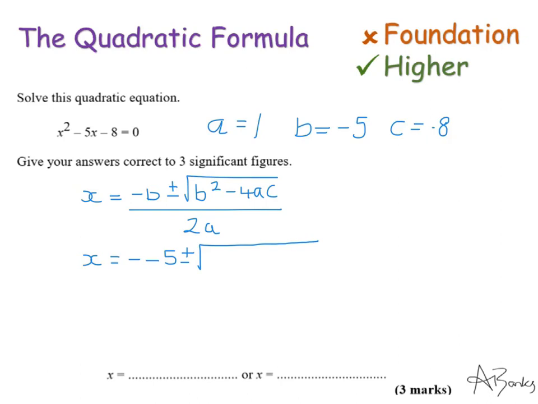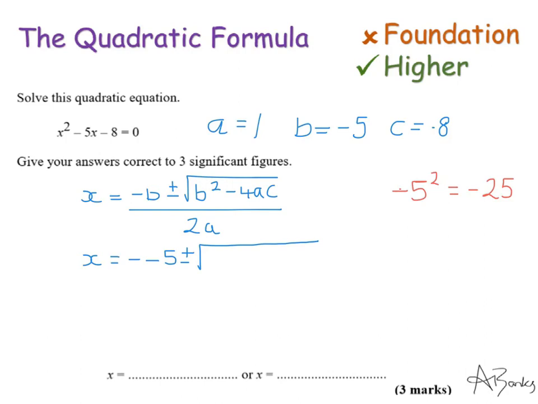If you write down here under this square root minus 5 squared like this, your calculator will use BIDMAS and it will do the 5 squared first, which gives you 25, and then it'll add the minus in front of it and it gives you the wrong answer.